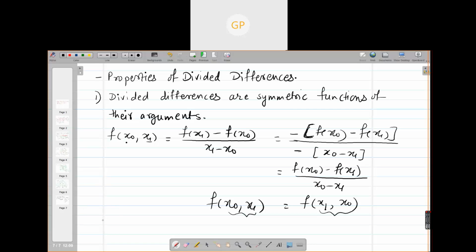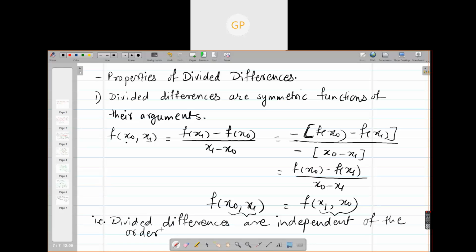So in other words, divided differences are independent of the order of the arguments. Whether you write x0, x1 or x1, x0, both the differences would be the same.